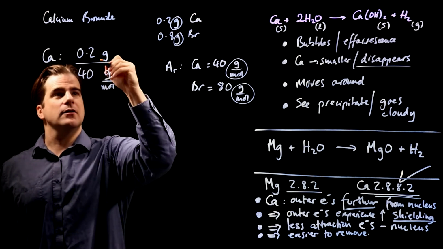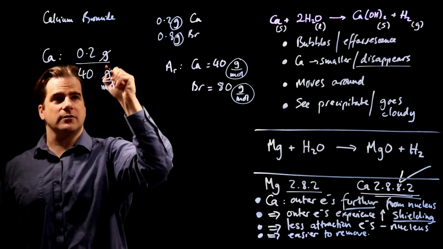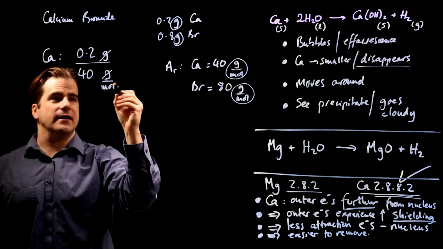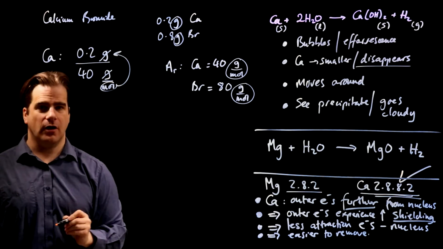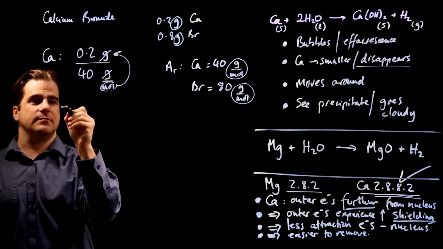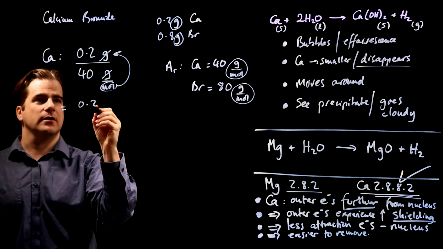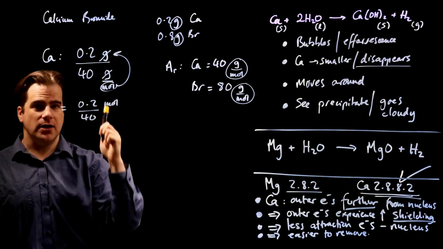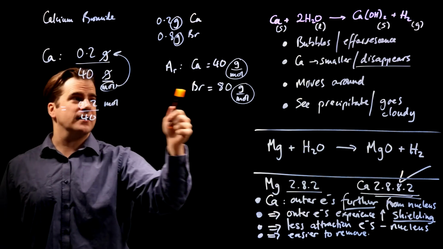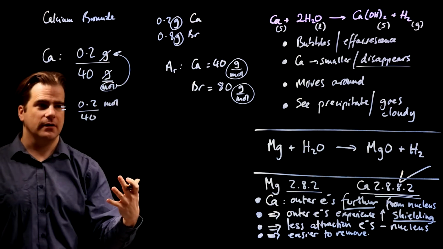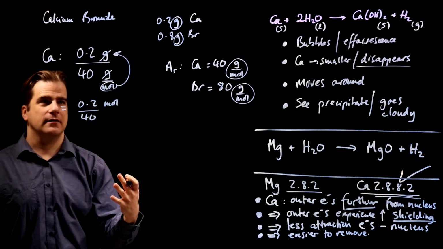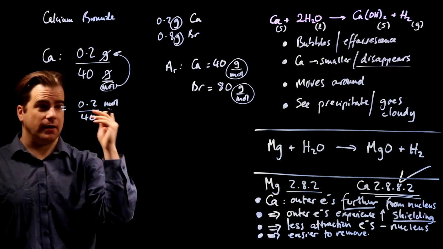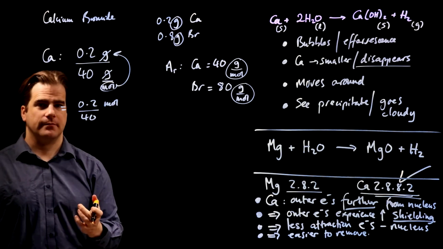Write the units in and look, the grams cancel. Grams on the top, grams on the bottom. And when you divide and divide again, the moles flips up to the top. So that becomes 0.2 over 40 moles. We know that by examining the units, if we divide, it tells you that you have to divide. That's how I know how to divide. That we end up with something in units of moles, which is what we want.